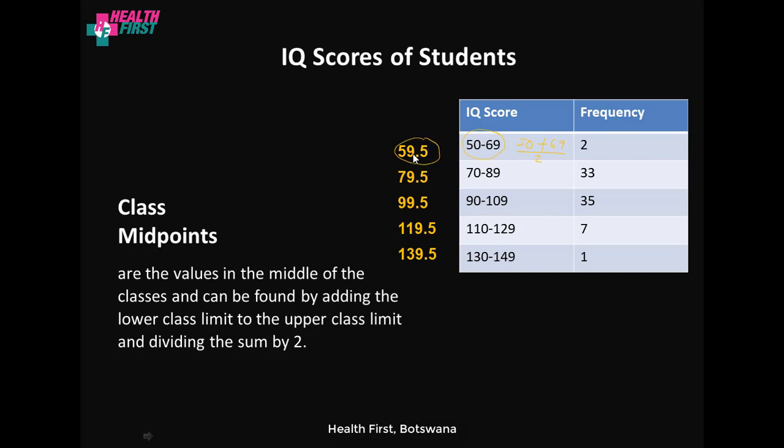The reason why the midpoint is important is, remember previously I said, we don't actually know the numbers that are in this group. We know that there are 2 data points. We don't know what those exact numbers are. But the midpoint gives us a representative number for that class, right? So for the first class, the representative number is 59.5. For the second class, the representative number is 79.5.